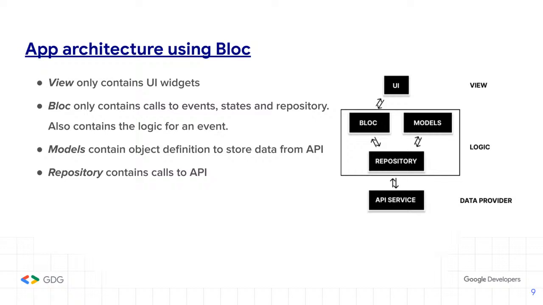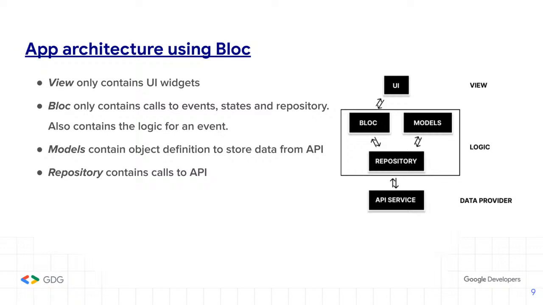Let's say, not the login screen, but that I'm going to call get account information of so and so user, and it's going to return some data, like the name of the person, the ID of the person, and so on. I need to store all of these things somewhere before I actually populate them into the UI. So the way I will be storing it is in an object, and that will be handled by the models.